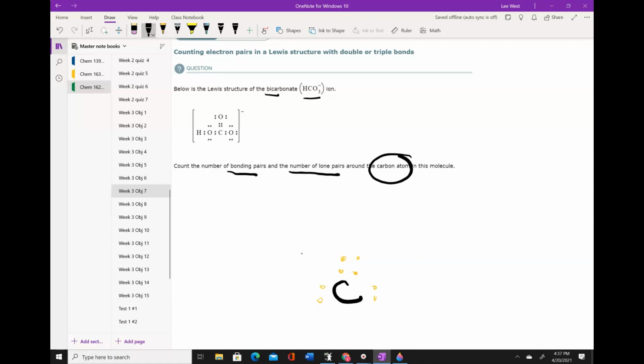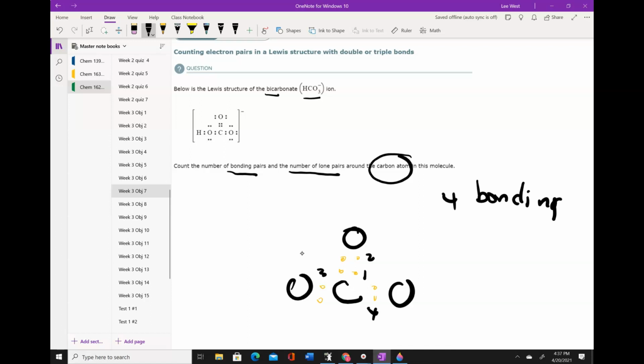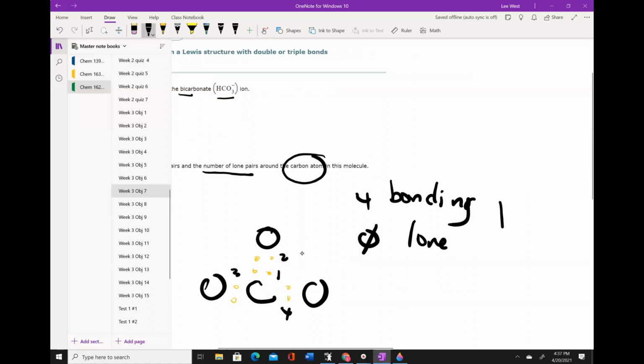All I see are bonding pairs. And how many are there? There is 1, 2, 3, 4. So 4 bonding and 0 lone pairs.